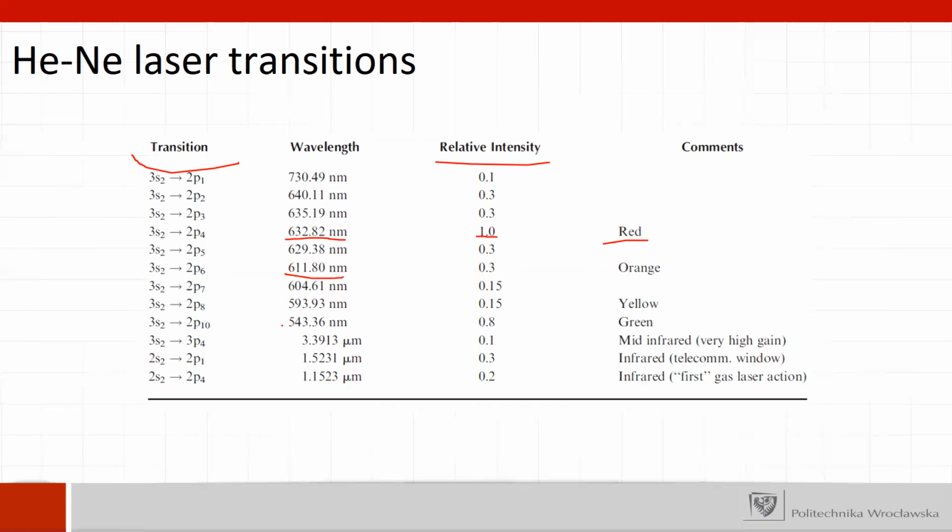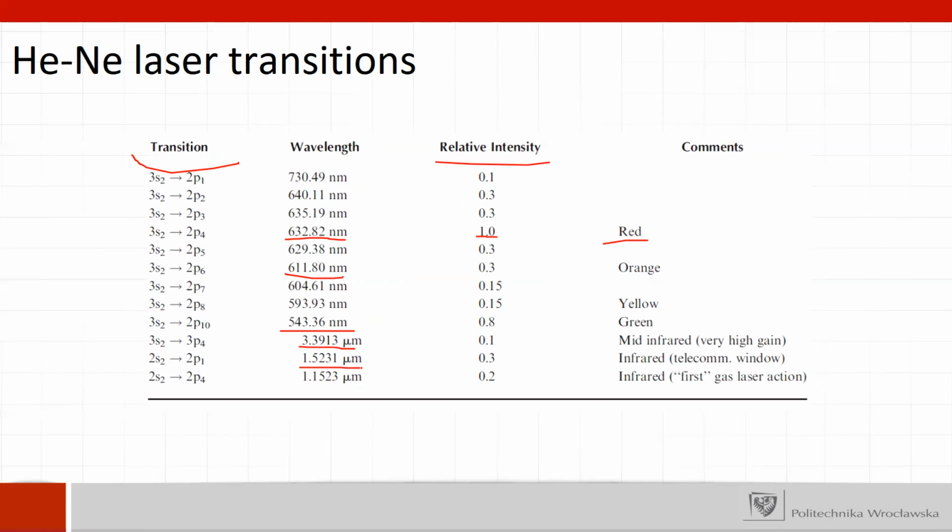And we also have a green laser, which is 543 nanometers. However, there exist, of course, other possible transitions. And there are also these 3 transitions in the infrared. The mid-infrared transition at around 3.39 micrometers.